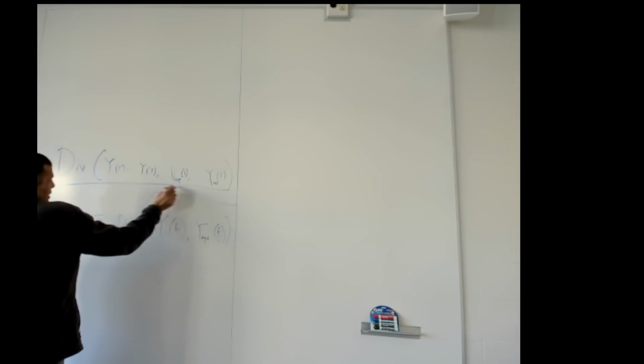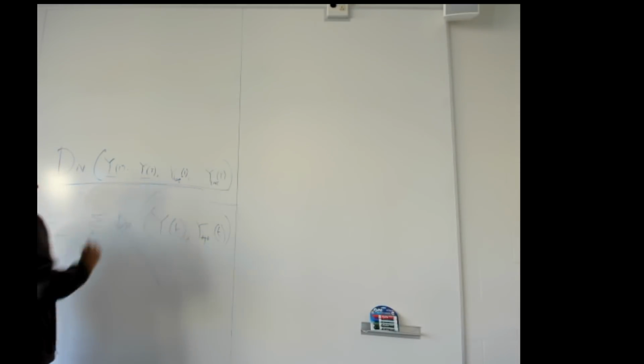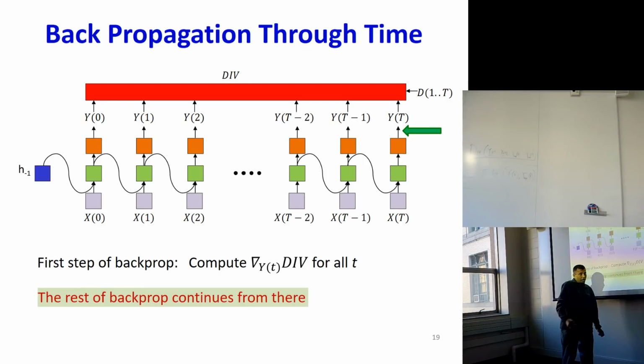The divergence itself is a function of the individual outputs, and so you can compute a derivative of the divergence with respect to each of the individual outputs. And once we compute that, the rest of backpropagation is just exactly as we've always had it. There's nothing novel about it once we get to the derivative of the divergence with respect to the outputs.